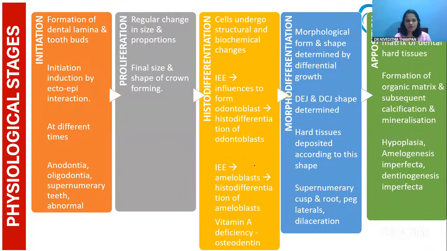Now coming to the physiological or histophysiological stages of tooth development, which includes the first one, initiation. Initiation is the stage where the dental lamina and the tooth buds are getting formed. If any insult happens at this initiation stage itself, it can result in anodontia or oligodontia, partial or complete missing of teeth, or supernumerary teeth.